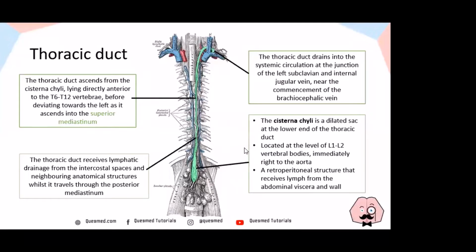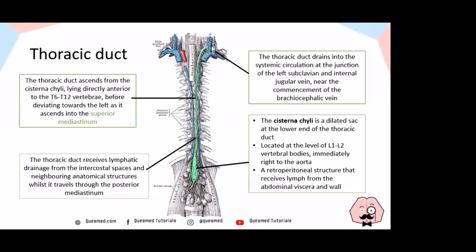Why is this important? Well, a couple of reasons. First of all, because your thoracic duct drains most of your abdomen, and you've got lymph nodes that surround the duct all the way, and particularly at its termination with the vein.